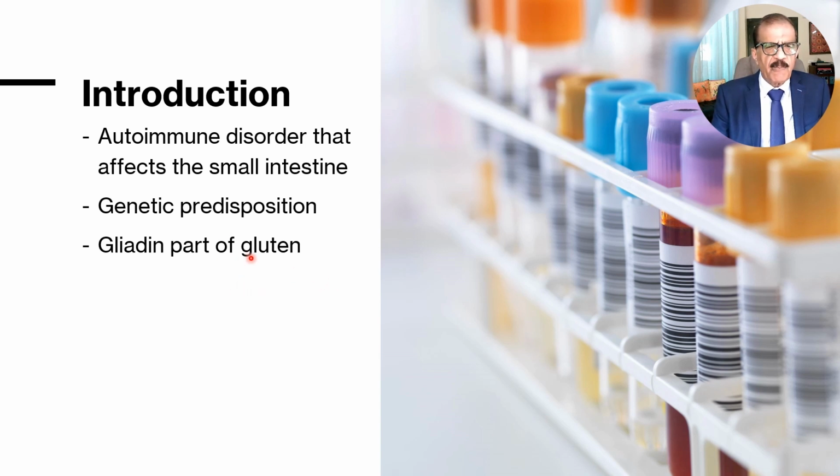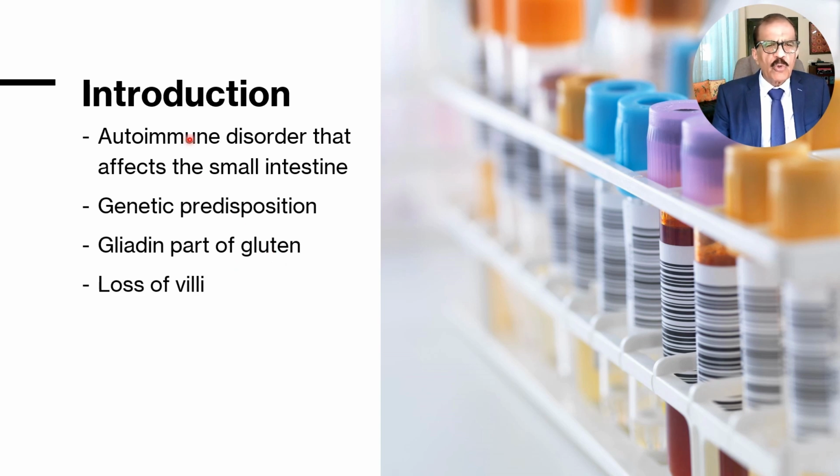Basically it is caused by a protein called gluten, but not gluten as a whole, the gliadin part. Gliadin is the alcohol soluble part of gluten. Precisely it is the gliadin part which causes this entire disease process, but we call it gluten because that is the protein.